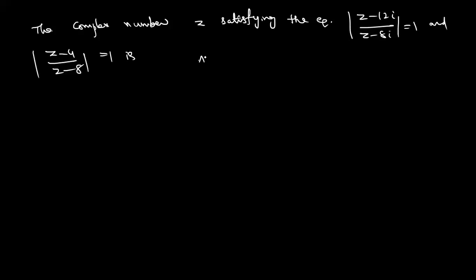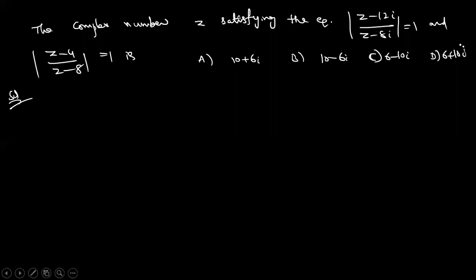Options: 10 plus 6i, 10 minus 6i, 6 minus 10i, 6 plus 10i. Find the complex number z satisfying these two equations. So how to proceed this one?